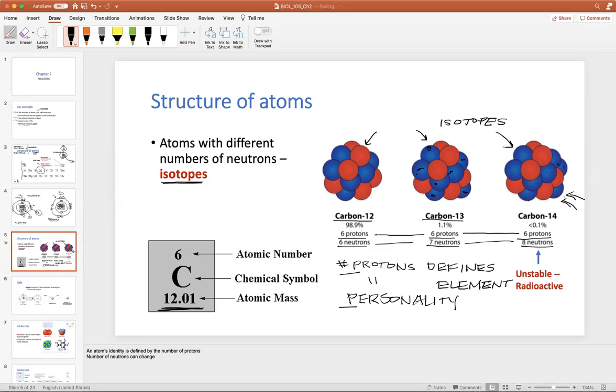And so in order to do that, it's going to start ejecting some of this stuff spontaneously from the atomic nucleus, okay? So it might eject some of these neutrons. And when it does that, that is what's called radioactive decay. And I'm just gonna put rad for radioactive decay.